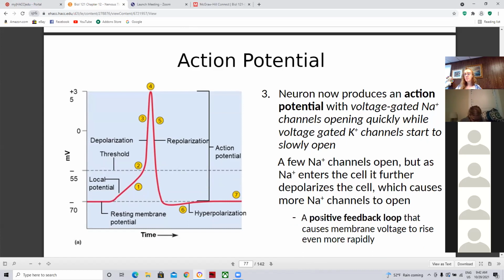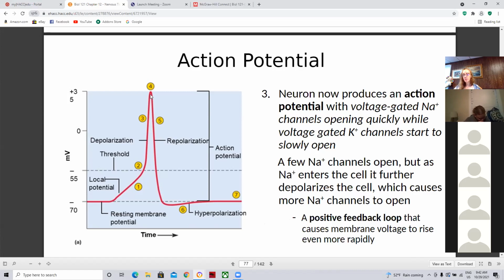So this is a positive feedback loop where we reach threshold, the sodium channels quickly open, and potassium channels start to open. As the sodium channels open very quickly, it causes more depolarization and more of the channels to reach threshold, causing more sodium channels to open, so the membrane voltage rises very quickly in this depolarization.